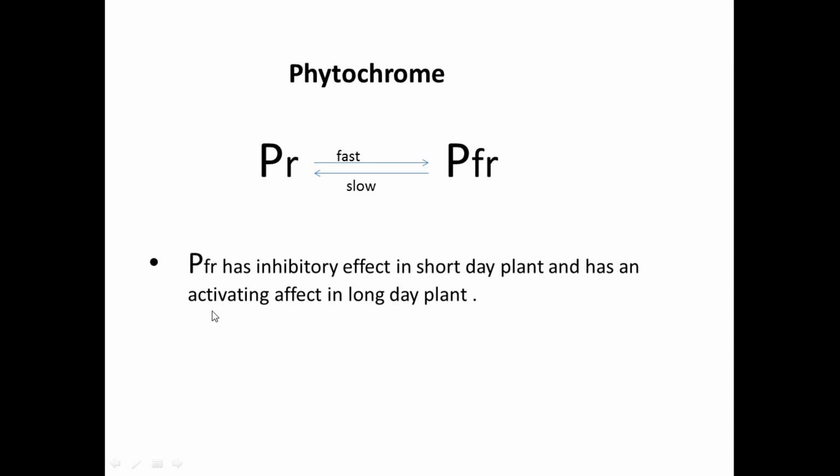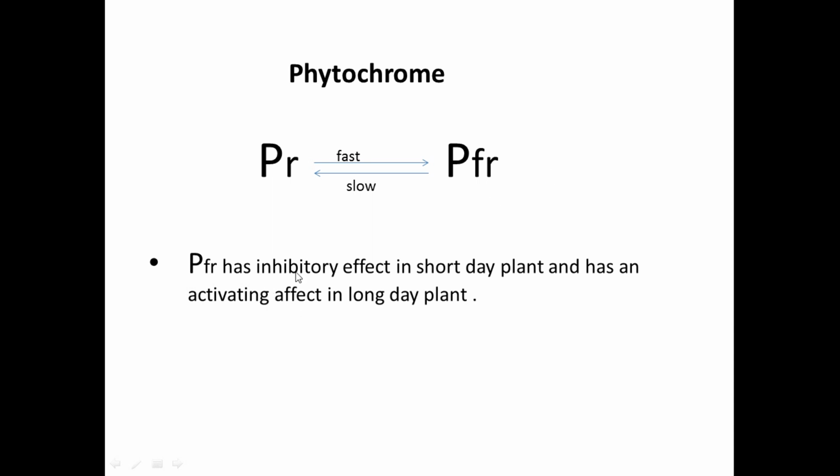For example, for short day plants, PFR has an inhibitory effect. That is, if the concentration of PFR is more than desired for the short day plant, this plant will be in a vegetative mode and it will not flower. So PFR is inhibitory to the short day plants for flowering.